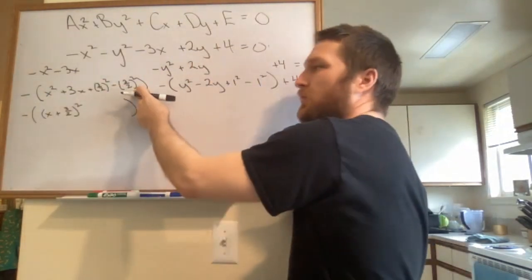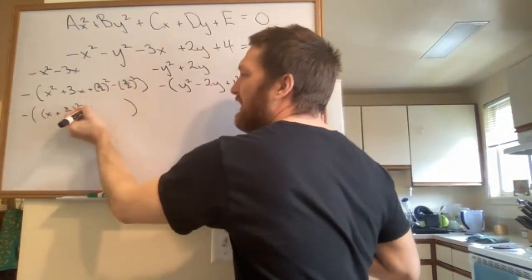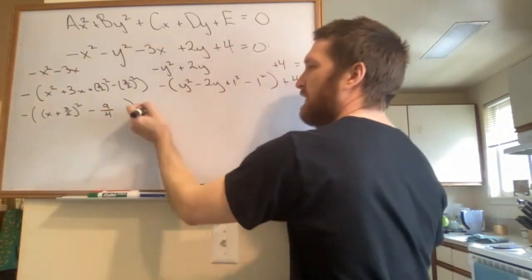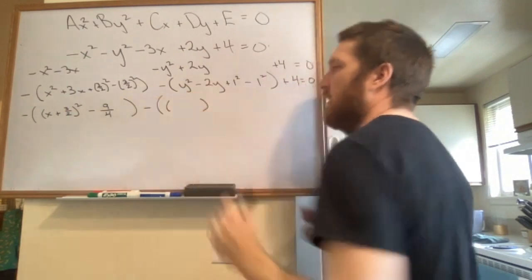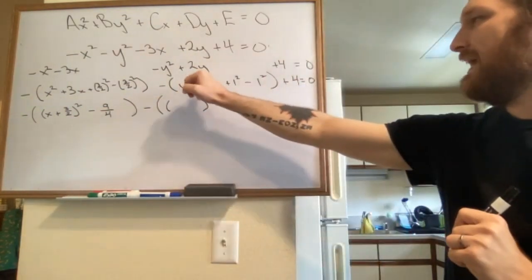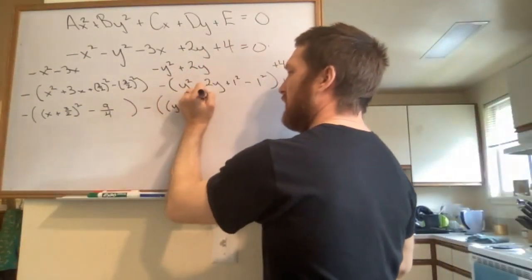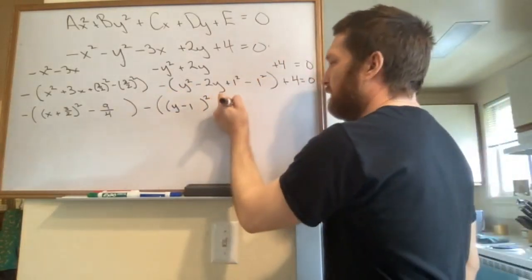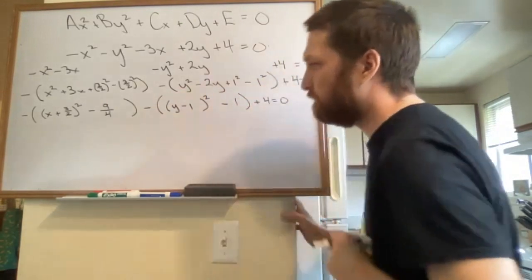Now I'm going to go ahead and square this out. Why not? How about minus 3/2 squared is the same as 9/4 right there. Minus right here. Okay. Y minus 1 right here. So y minus 1 squared. And then minus 1 squared is just minus 1. Okay, easy. 4 equals 0.